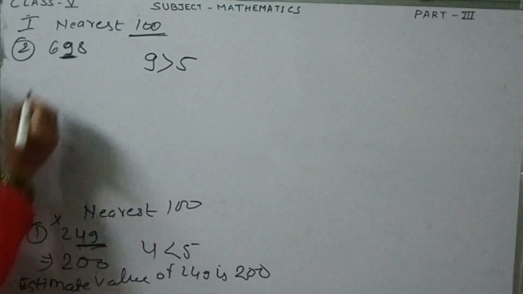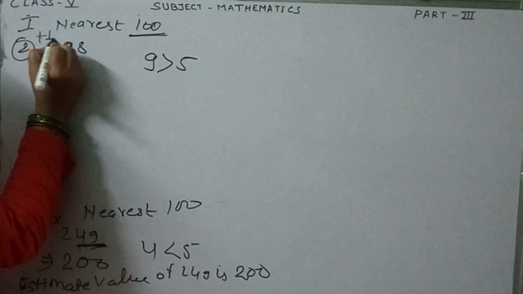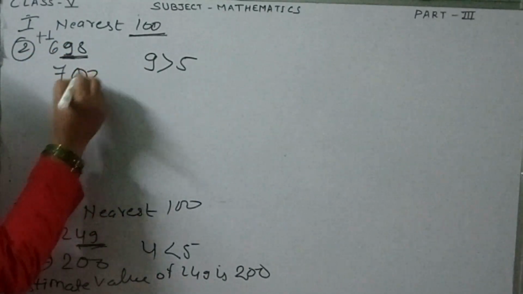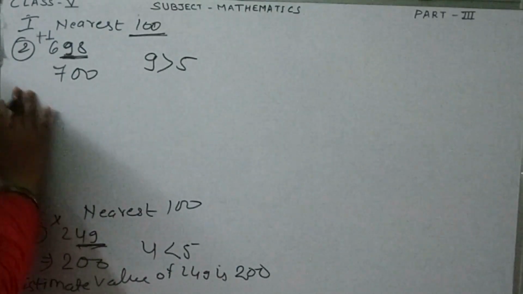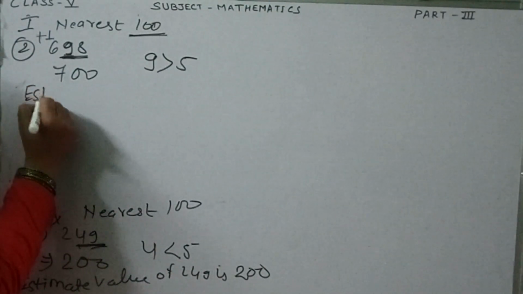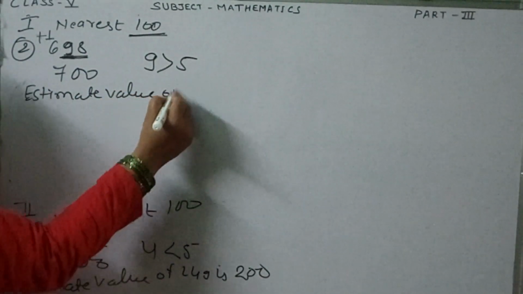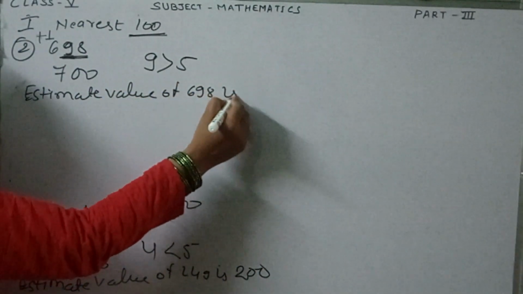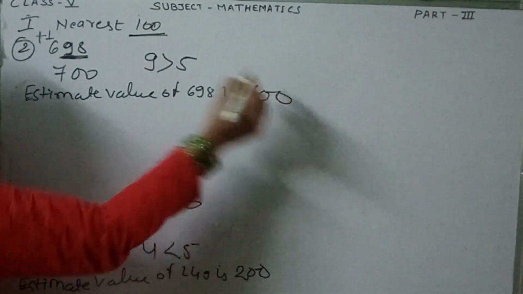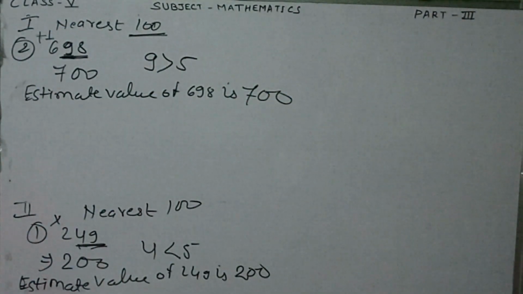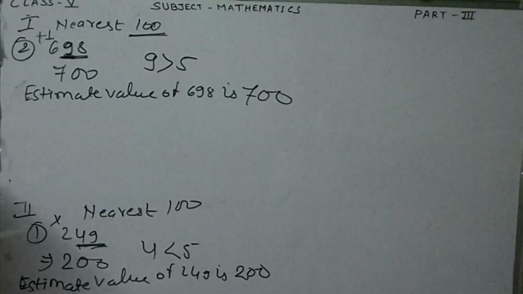So what we have to do? We have to plus 1 here, and this one will be 00. That means 700. So the estimate value of 698 is 700. Okay. I hope you can easily understand these things.